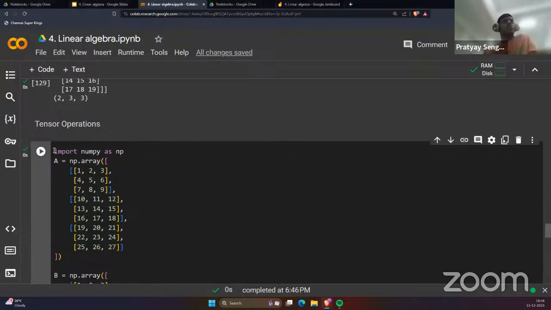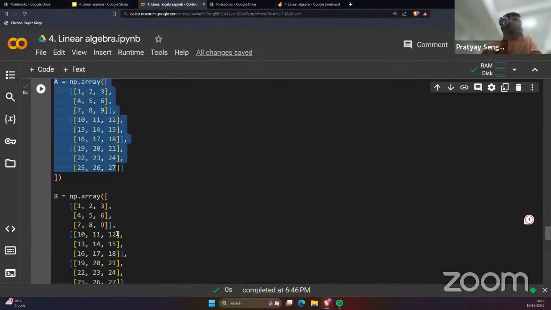So you can make a tensor also. I'll just paste this. Both are the same tensors.